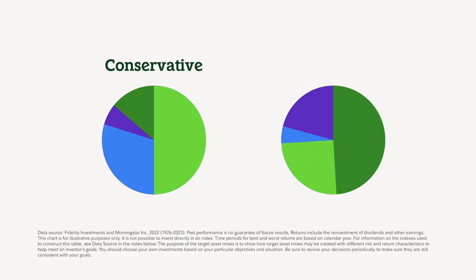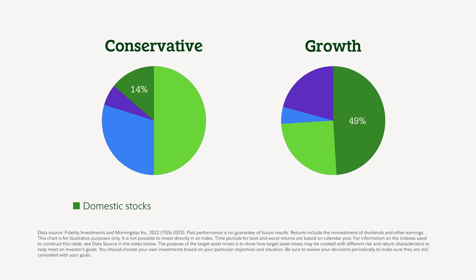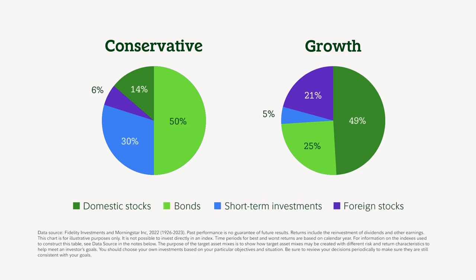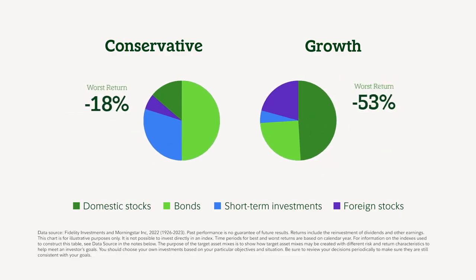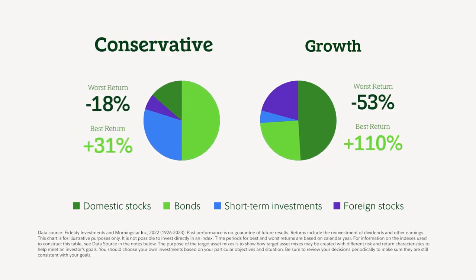One is more conservative, the other focused on growth. Both have a mix of domestic stocks, bonds, short-term investments, and foreign stocks. But half of the conservative portfolio is in bonds, while nearly half of the growth portfolio is in US stocks. Let's look at the worst and best returns in any 12-month period for each portfolio. For the conservative portfolio, the worst return was almost negative 18%, and its best return was 31%.